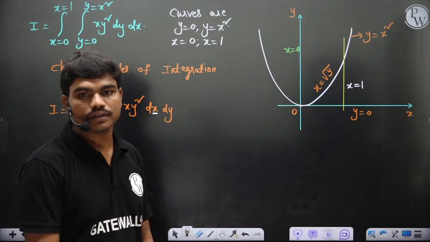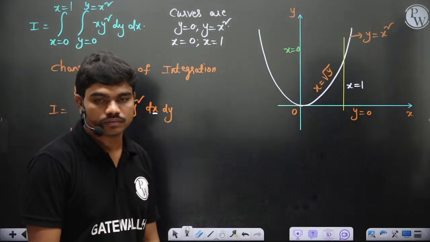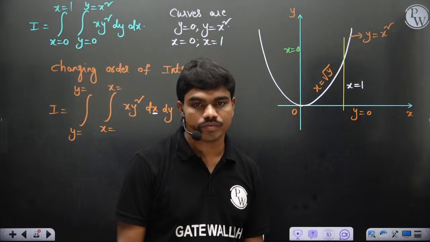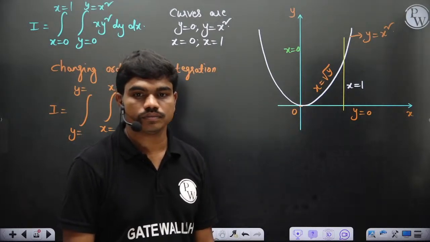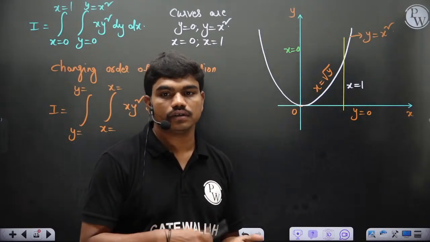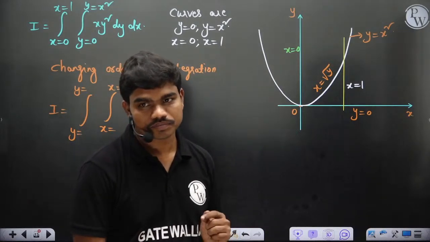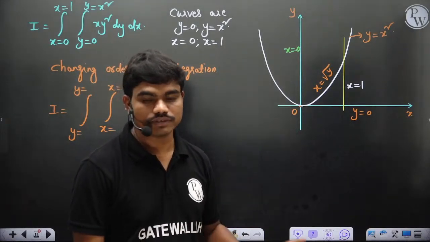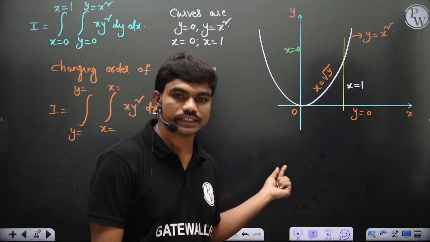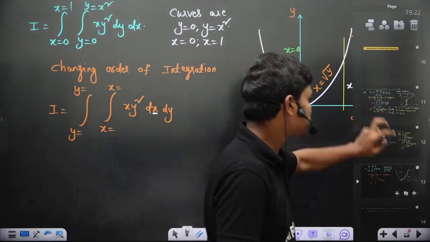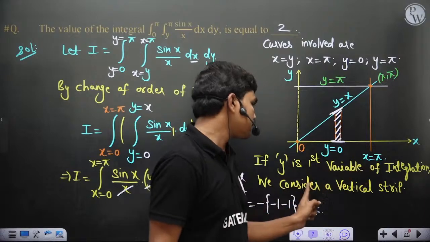Come on, quick, a bit faster, please. I've just told you something. If the first variable of integration is y, I have written something here when I'm solving this question: if y is the first variable of integration, we consider a vertical step.